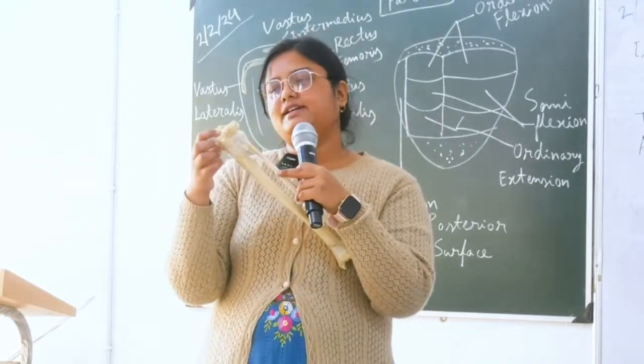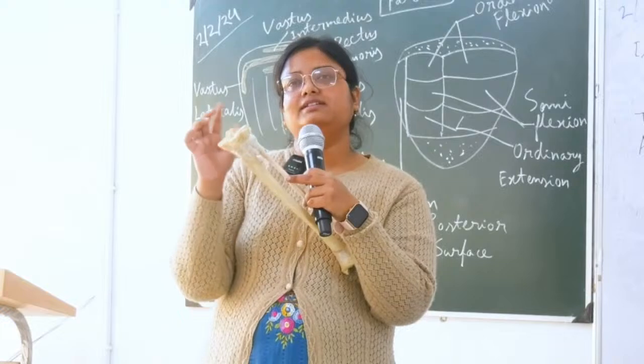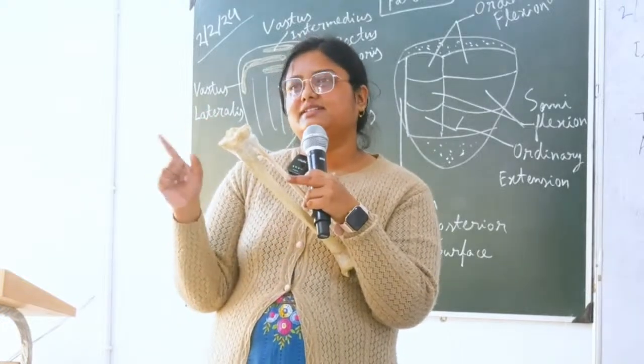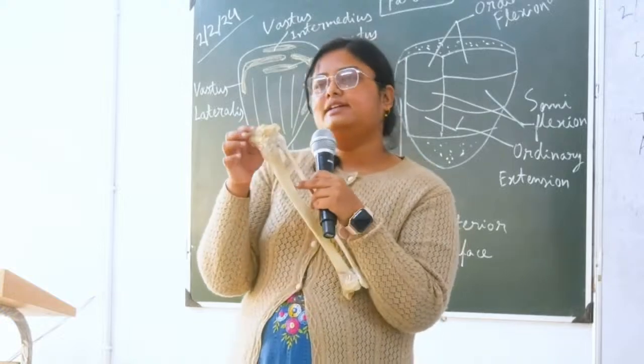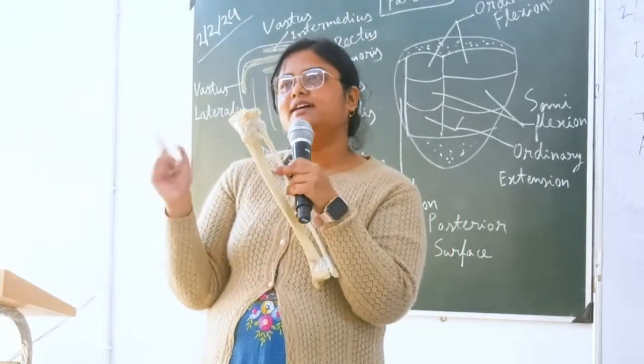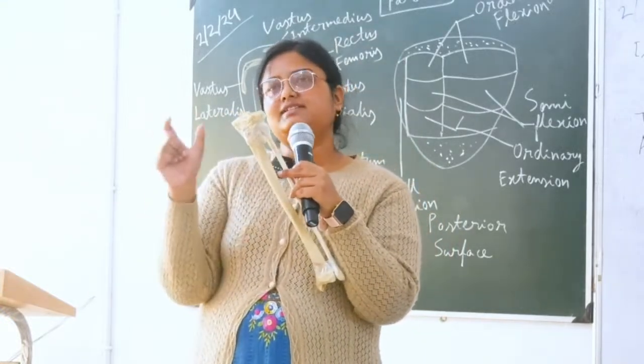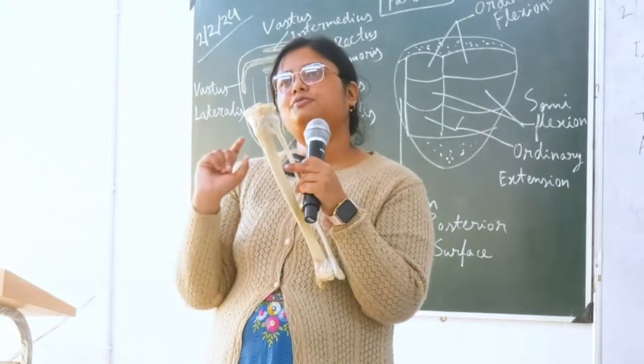Anterior to it and posterior to it, some important structures are attaching. In the anterior part of the intercondylar area, there is attachment of three structures from anterior to posterior.